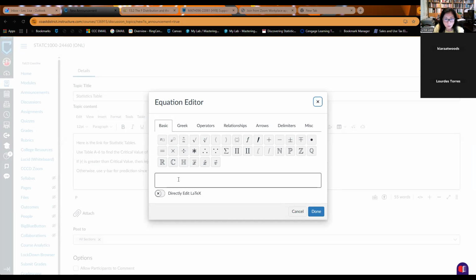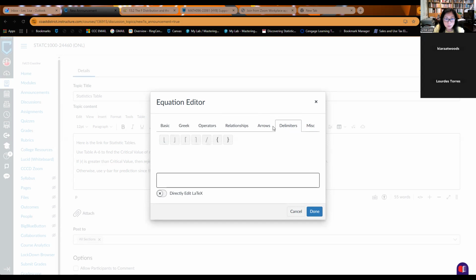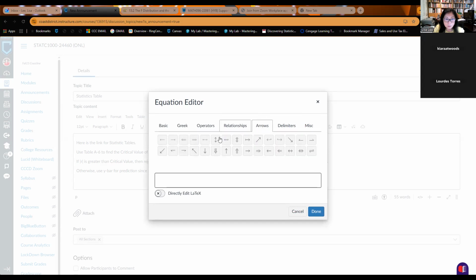Let me find out the symbol. You can use this one to type when you want to show something on the board. You can put the bar on top.